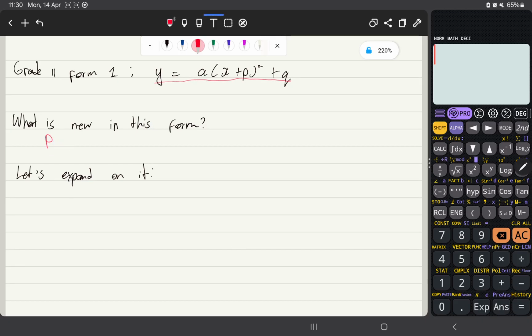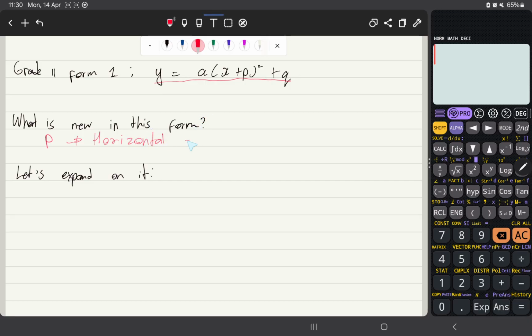It's p, the thing that is new, because we know a and we know q. We've been dealing with x, with y, but p is new. We have to talk about what p is, what it does, and so forth. So p, in simple terms, tells us about the horizontal shift.